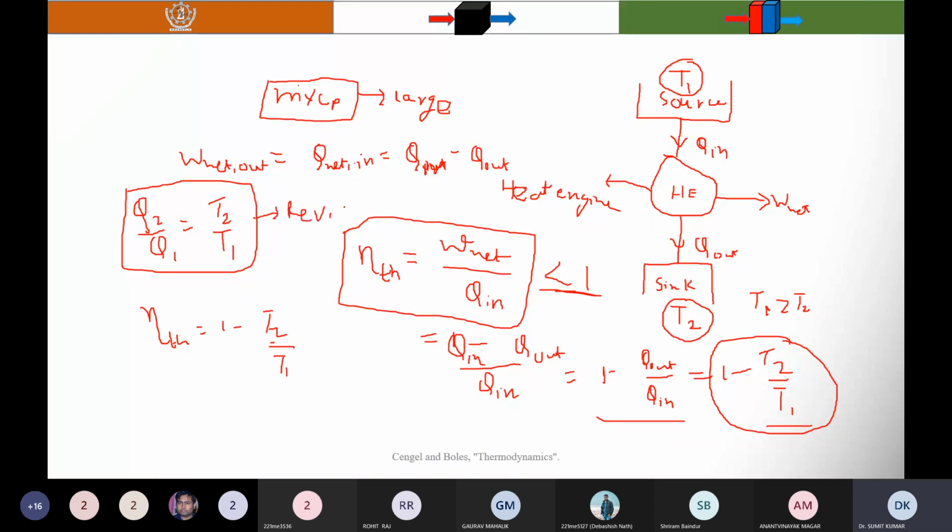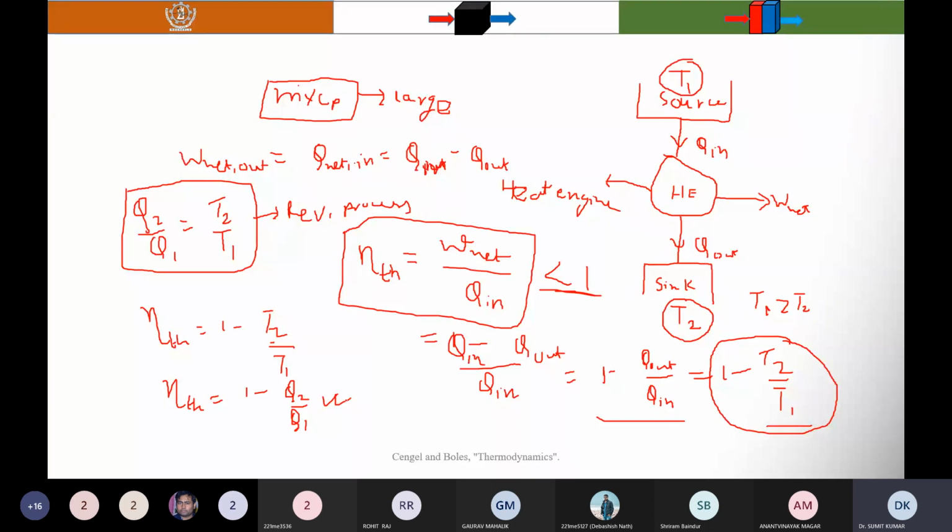But if you write eta TH is equal to 1 minus Q2 by Q1, then it is valid for any process. Why? Because it's an energy balance. When I discussed conservation of energy, it is valid for any system and any process.